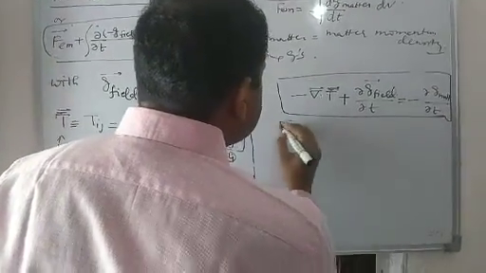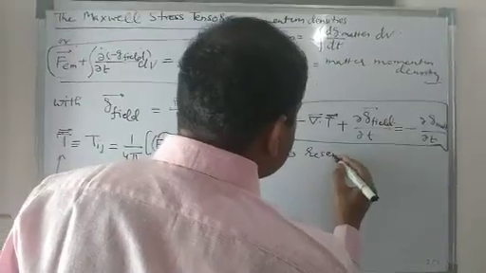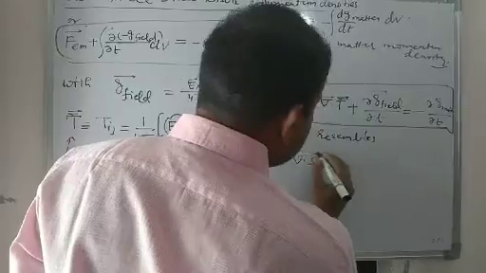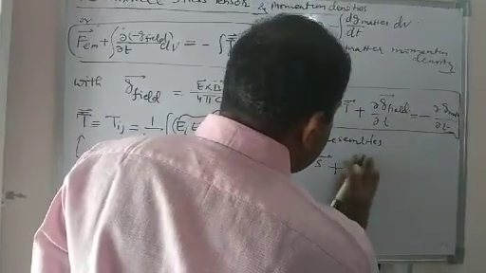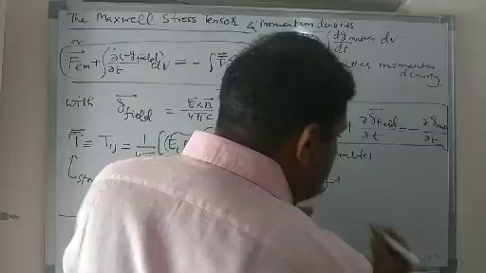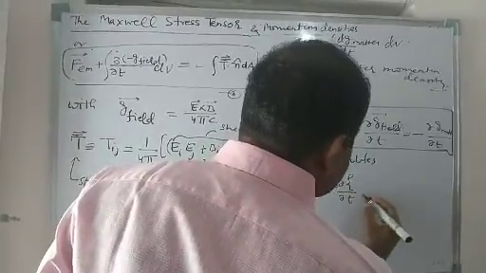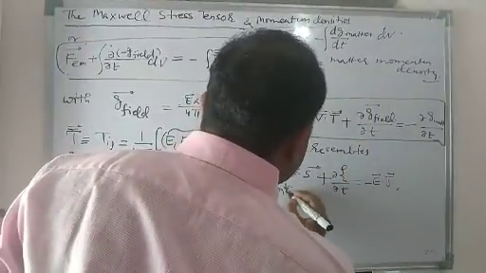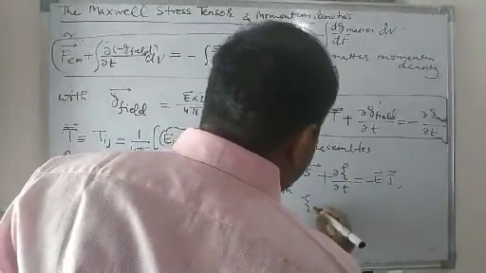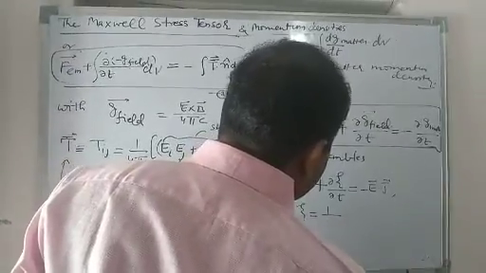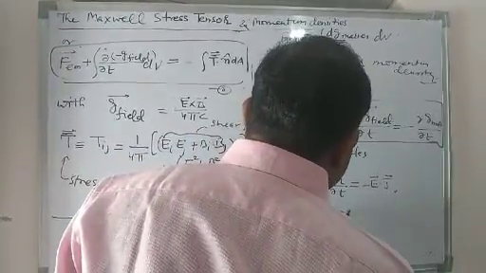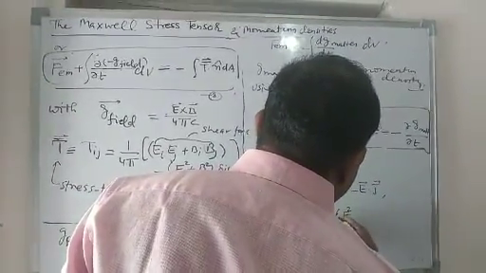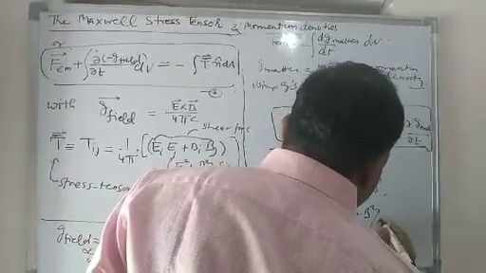So this resembles del dot S plus del of energy density, and that was equal to minus E dot J. The energy was 1 over 8 pi of E square by V square mu.